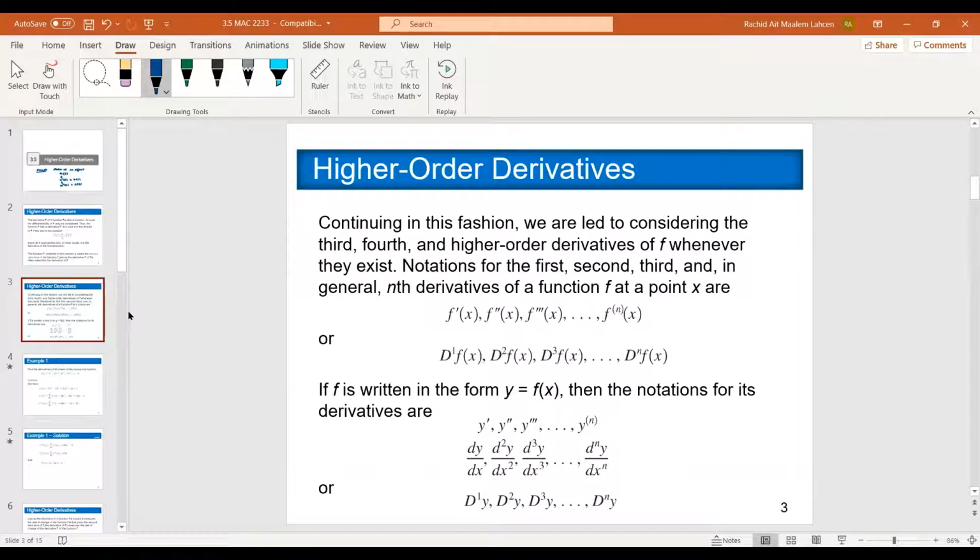The notations are prime, double prime, and so forth. Or we can use this other notation, dy over dx, d squared y over dx squared. So be familiar with these notations and know which one is which.